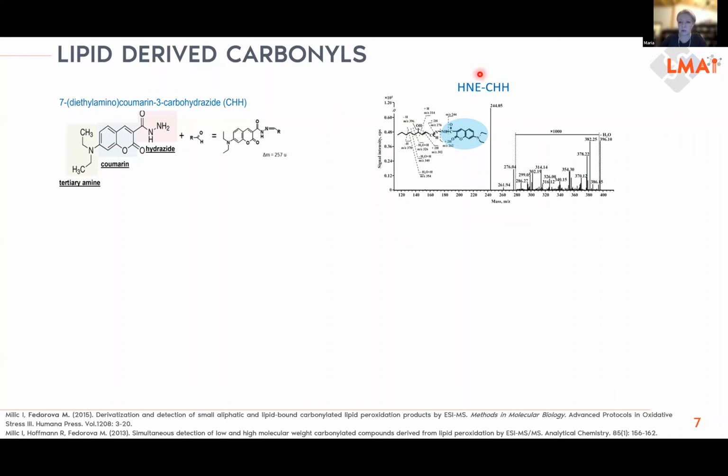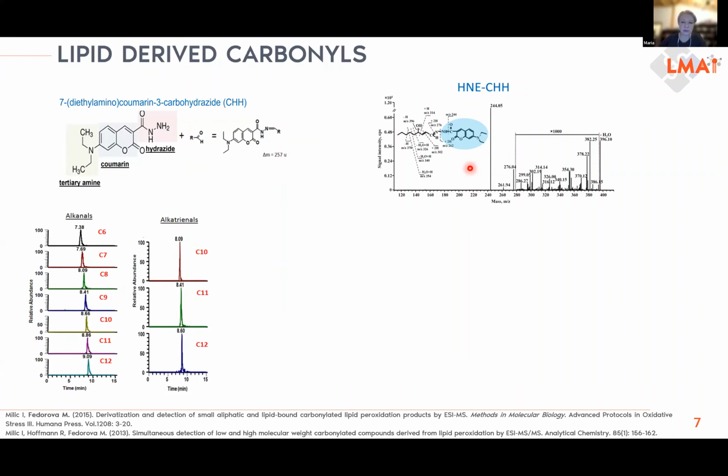Here is an example of hydroxynonenal derivatized with this dye. You can see by these marks that we are getting informative fragments in the tandem mass spectrum, which allows us to define the whole structure of our aldehyde in this case.